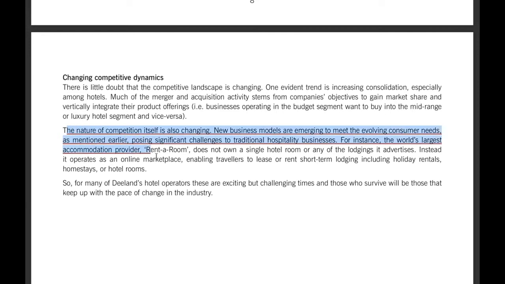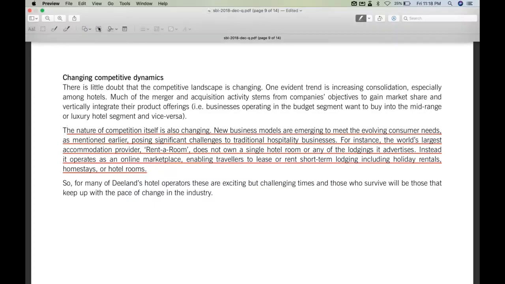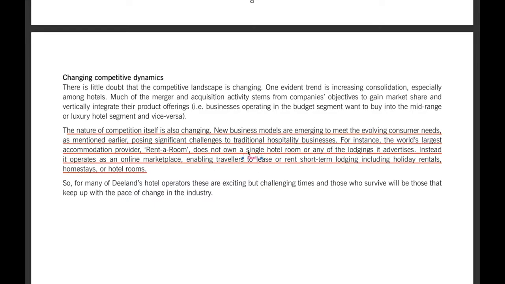So this is basically the one that talks about disruptive technologies. All right, we're talking about this particular question number 3.